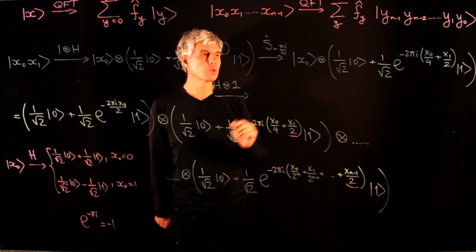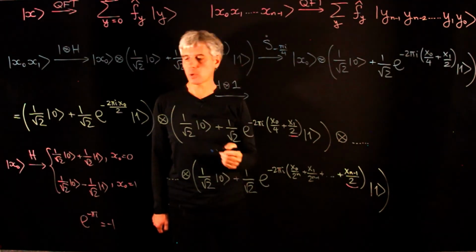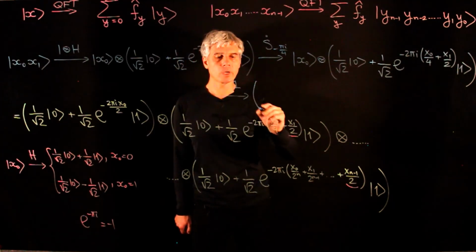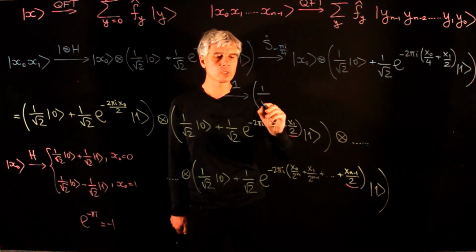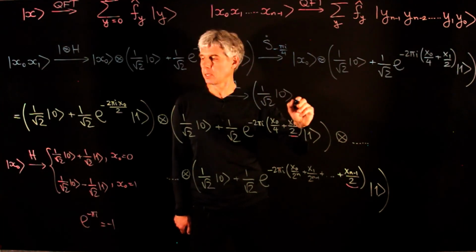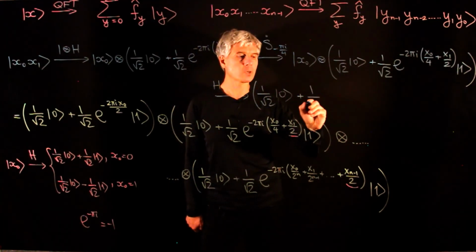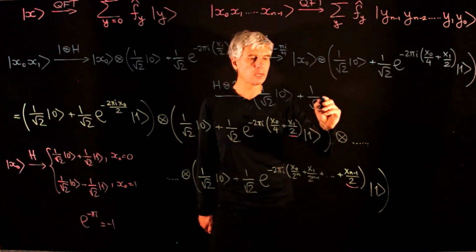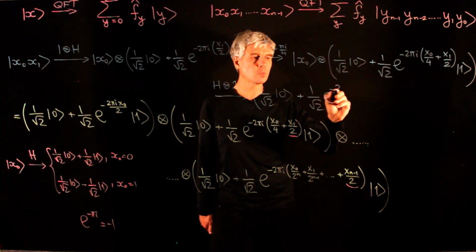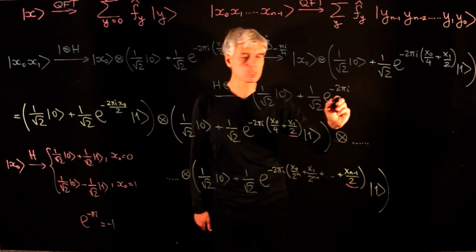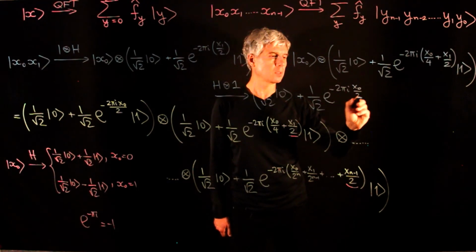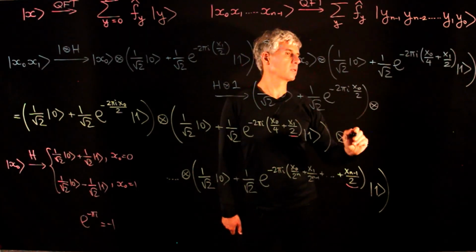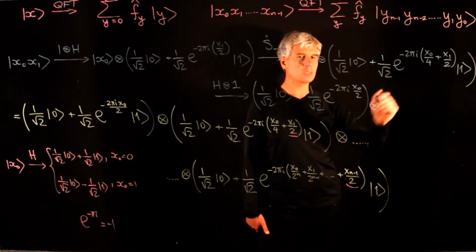So if we now apply the Hadamard transform on the left qubit, then what we're going to get is 1 over square root of 2 times 0 plus 1 over square root of 2 times e to the minus 2 pi i times x0 over 2, tensor with this qubit here.